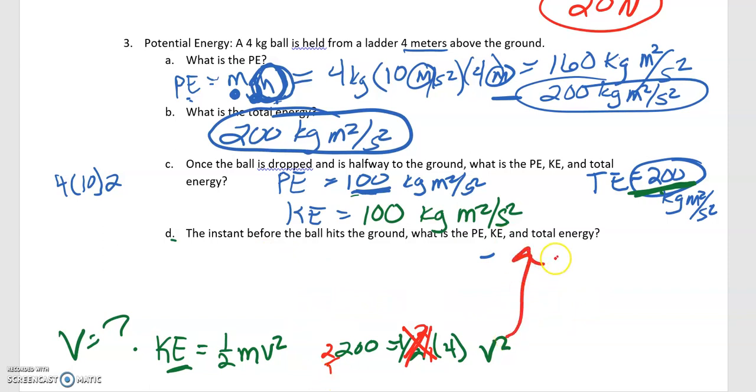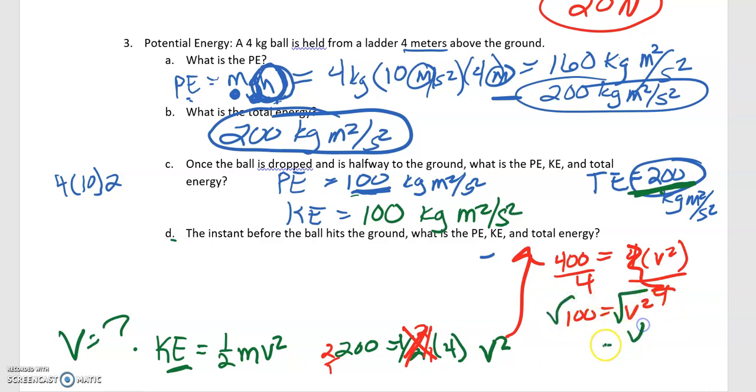That would give me 400 is equal to 4v squared. I could divide both sides by 4 to get 100 equals v squared. Then to get rid of the square, I would square root both sides, and I ended up getting a velocity of 10 meters per second. So I could extend it to ask for the velocity if we did need to use that equation.